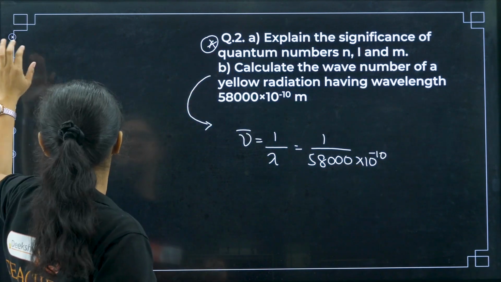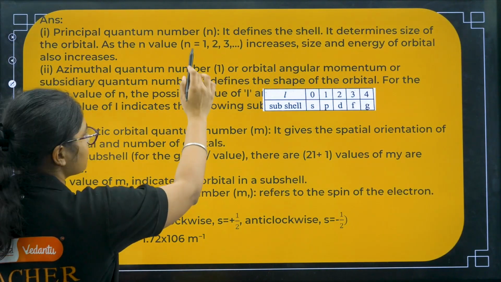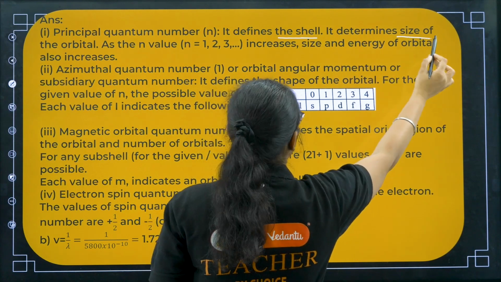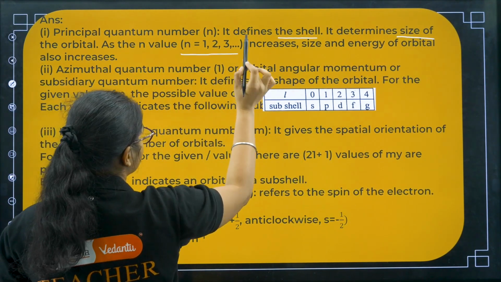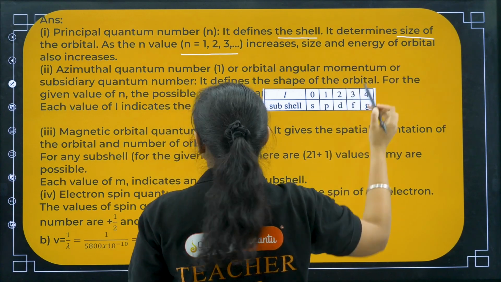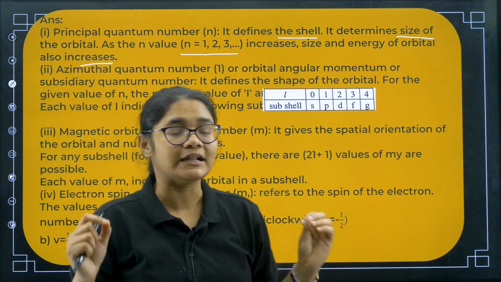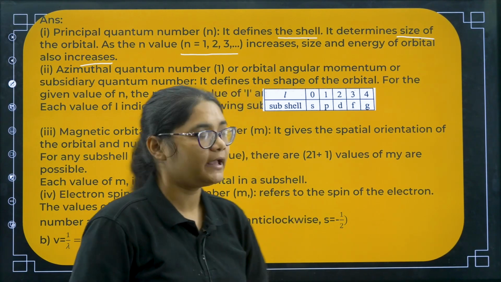Now let us see what is the significance of quantum numbers. So you can see here, principal quantum number. What does it tell? It defines the shell. It determines the size of the orbital. As the n value increases from 1 to 3, size and energy of the orbital also increase. So basically the principal quantum number tells you about the size and the energy of the orbital. Okay.